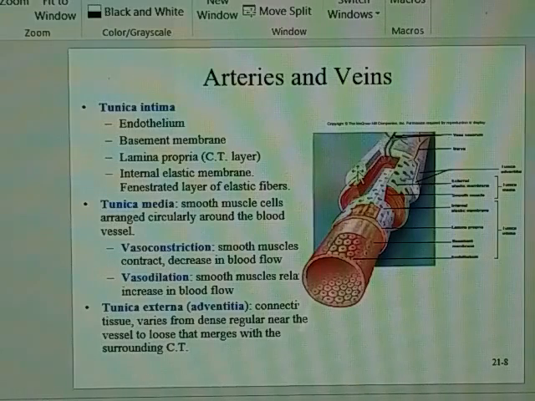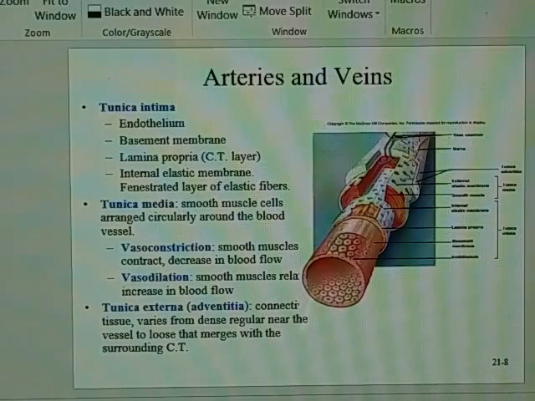On the outer portion, for the external portion, note they're trying to show that even though the artery and the vein is for blood flow, we have to have a blood flow to the artery or the vein itself. We also have to have a nerve supply.